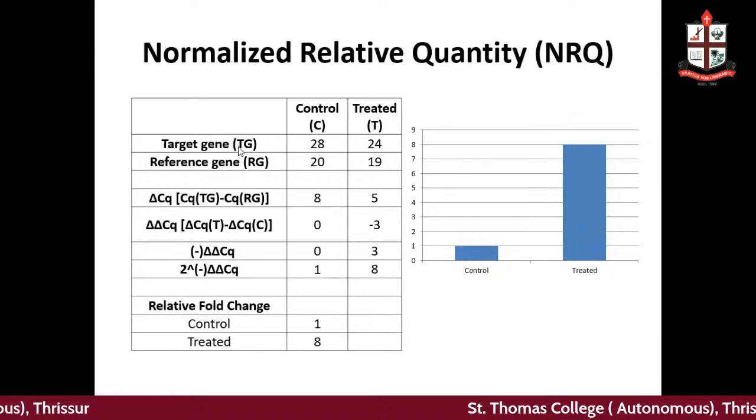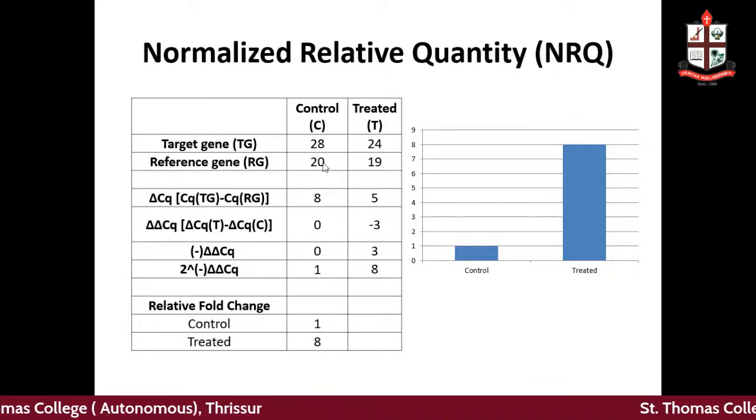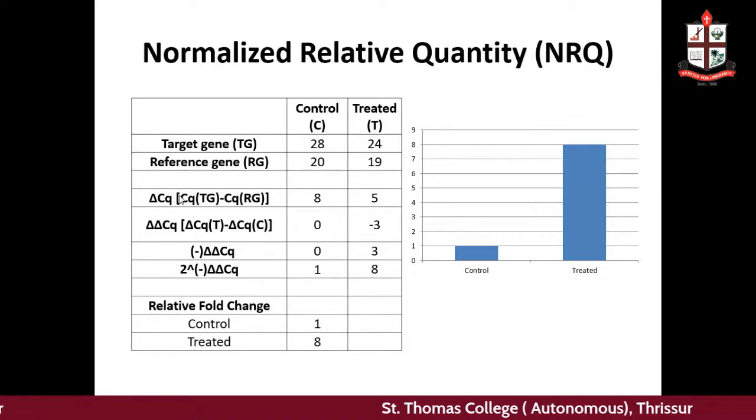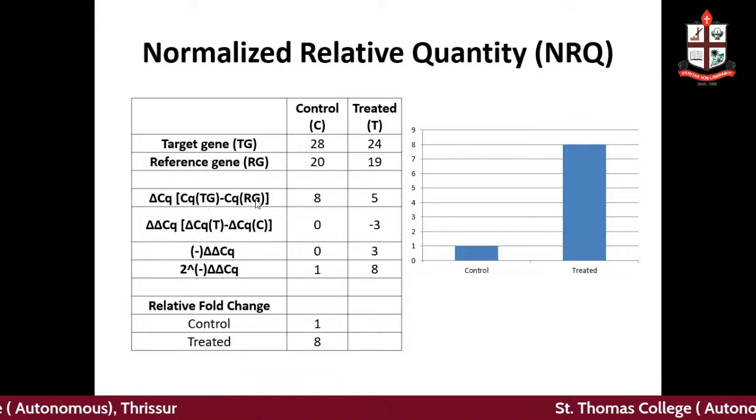Both the target gene and reference gene are amplified in control and treated, and we'll be generating CQ values. So these are the CQ values obtained, and then first we'll calculate the delta CQ, that is, the normalized values in control and treated. So delta CQ is CQ of target gene minus CQ of reference gene.